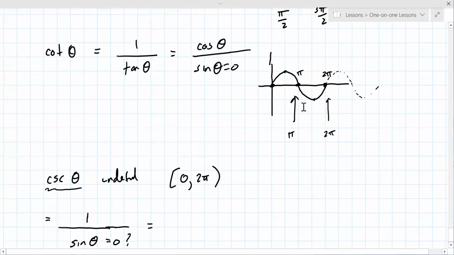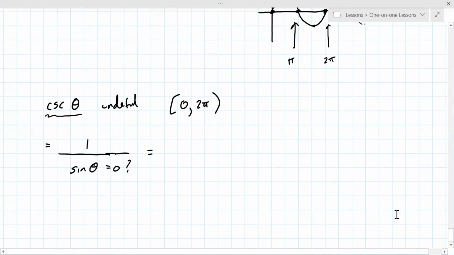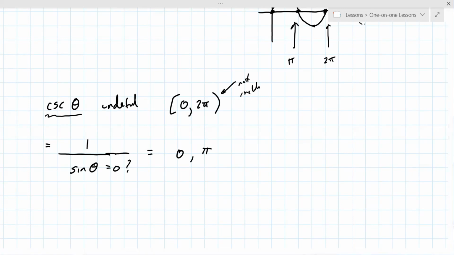We already answered that up here. Would you put pi and 2 pi, or would you put 0? Actually put 0 and pi. 2 pi is not included, because the interval excludes 2 pi.